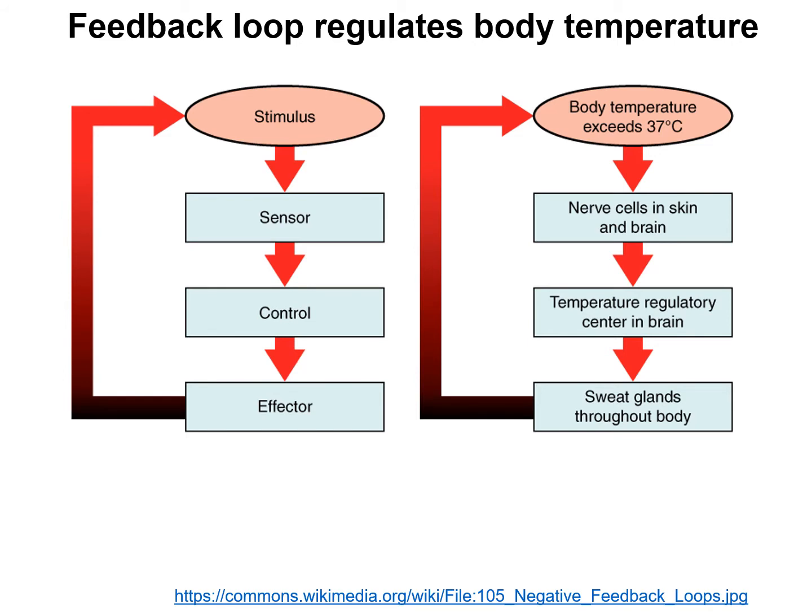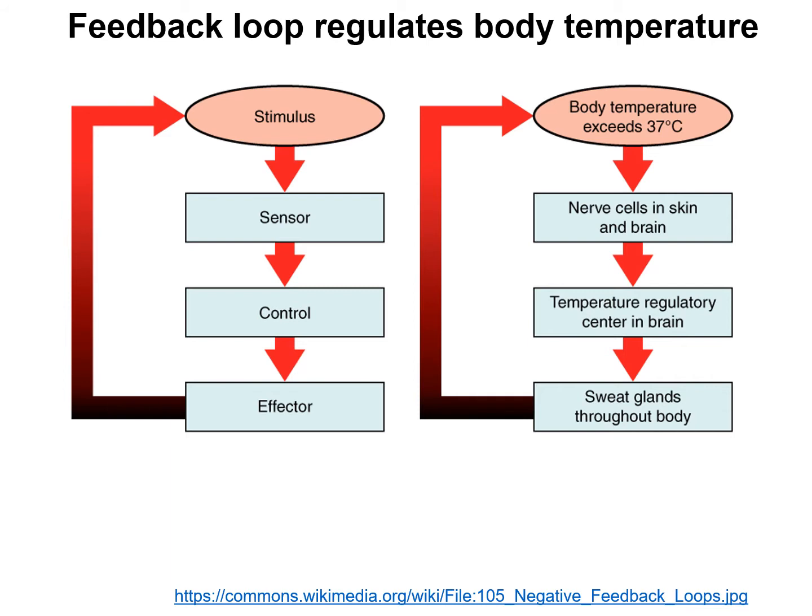In response to a stimulus, there is some sensor which integrates all the information coming from the outside, based on which the cell responds in a specific way, which is called the control or the effector, and then the information based on the decision that the cell has taken goes back and continues to alter the dynamics.